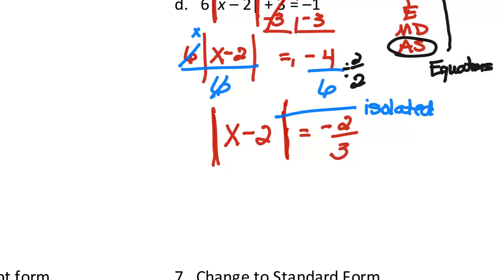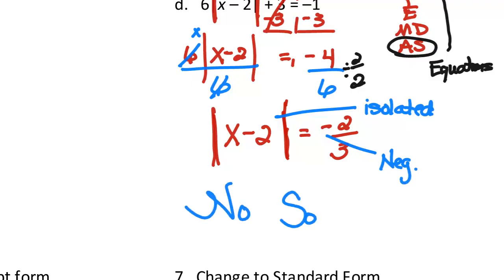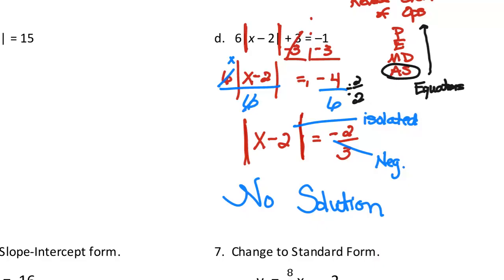This is not a distance, okay? That is a negative amount. So this is no solution, because it's equal to that negative amount, okay? That's a good one to go over.